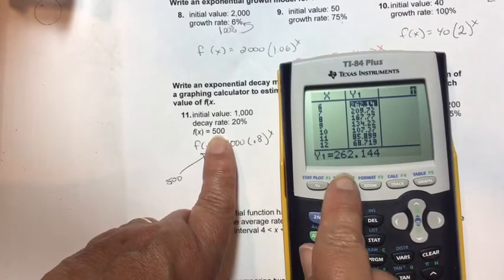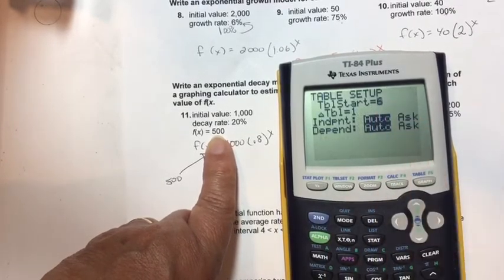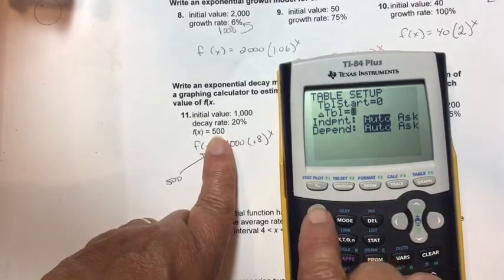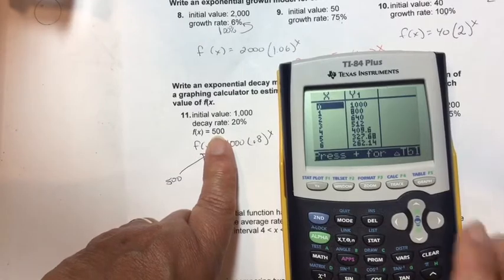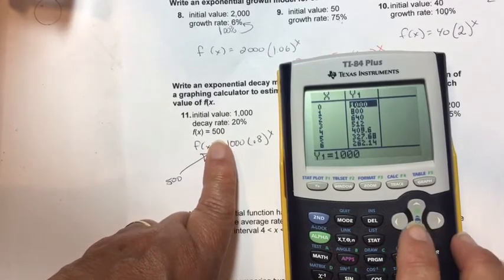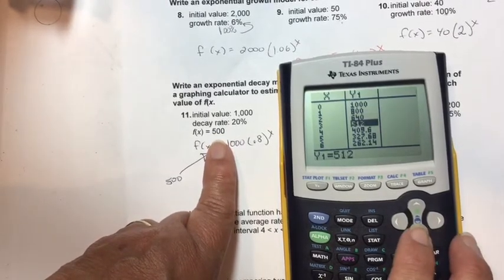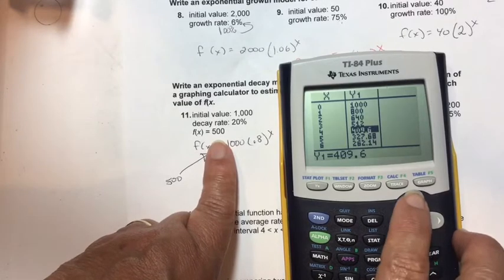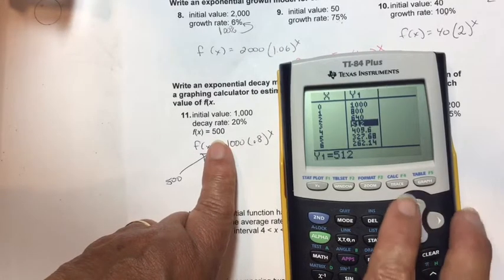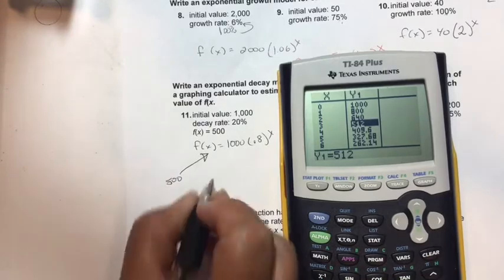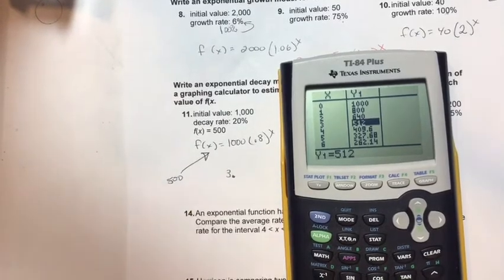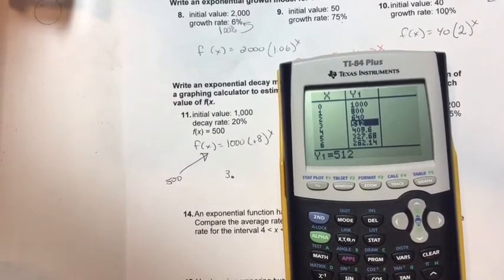So let's go to second table set, setting my table to start at 0. Now, let's look at it. Okay, that's a little better. Can you see that the 500 is going to be here or here? It's going to be between the 3 and the 4. So my answer is going to be a 3-point something.